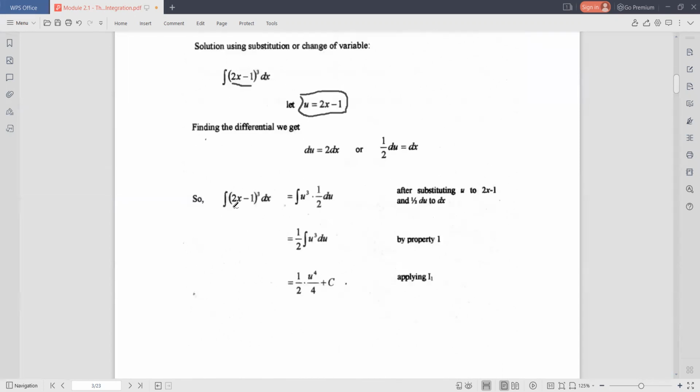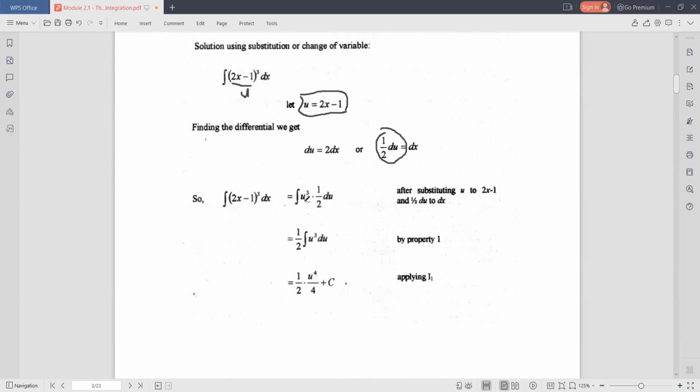And so the integral of 2x minus 1 quantity cube dx is now equal to the integral of, since ni-substitute tayo dito ng u, so it will become u cube. So di ba u to? So magiging integral of u cube dx. Okay, pero yung dx natin is ito, 1/2 du.